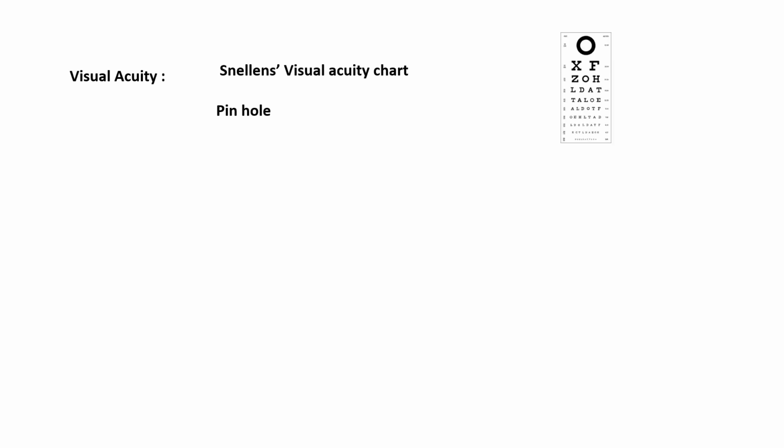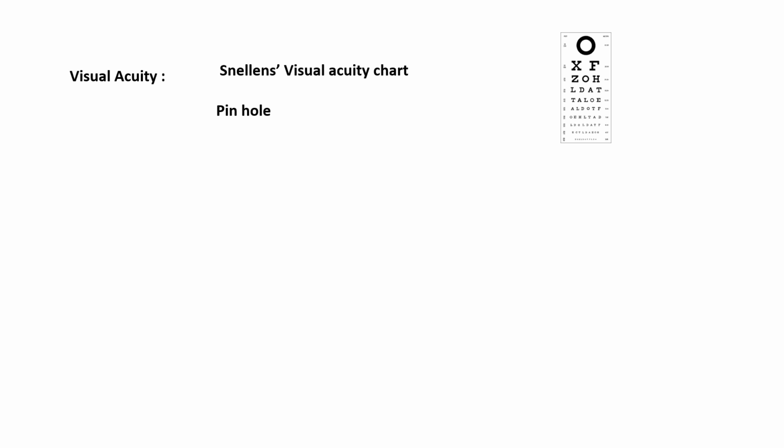Then you will measure the visual acuity. It's very important. If a Snellen's visual acuity chart is given to you in the exam, you will perform the Snellen's visual acuity test, and you will also mention the pinhole, whether there's any improvement or not. If the vision improves on pinhole, then you can directly rule out that it is a refractive error.